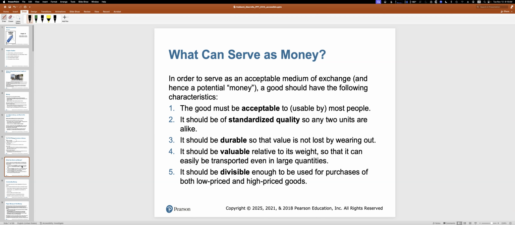And so that first characteristic, that money serves as a medium of exchange, we said that was the most important. To be this medium of exchange, it has to do these five things. Again, usable by most people, standardized, durable, valuable, and divisible. If you think about our printed US dollars and the coins that go with it, it does all these things.